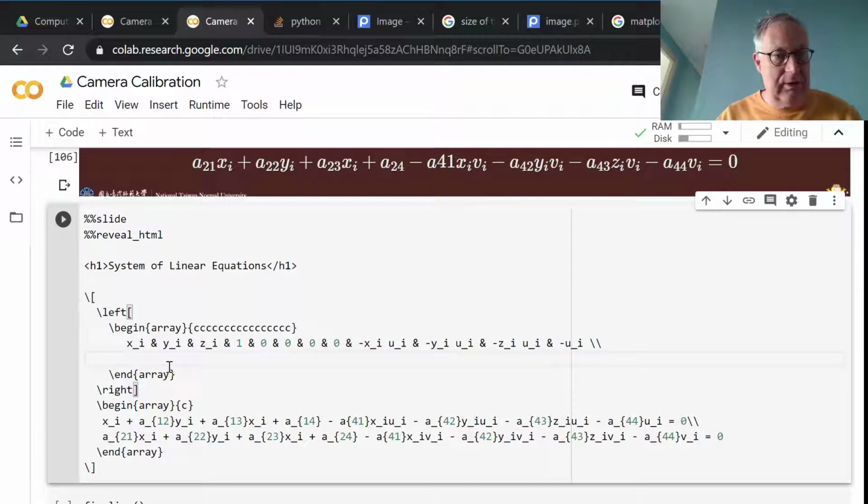And the next line is 0, because in the second row, second equation, A1 so on to A4 doesn't occur.